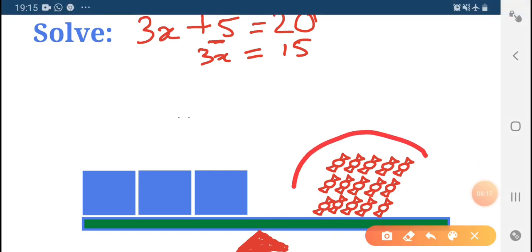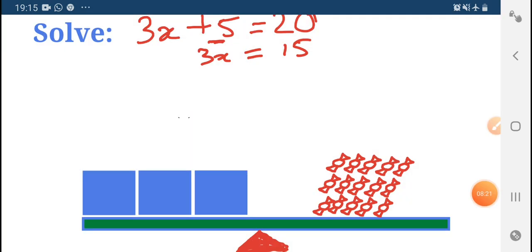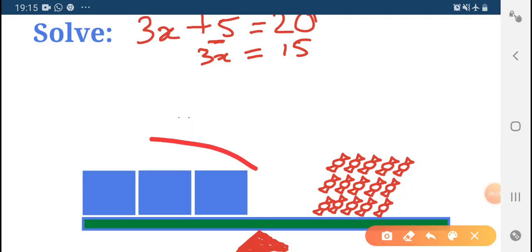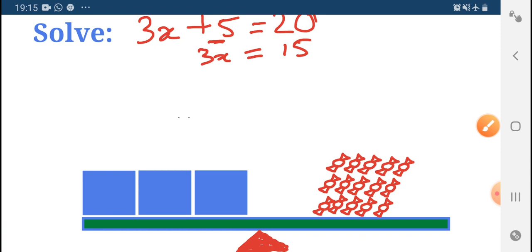So now I've got 15 sweets on the right, and I have 3 lots of unknowns, or 3 lots of x, on the left hand side. To find out how much is in one box, I have to divide the number of boxes on the left hand side by 3, and so if I divide the left hand side by 3, I have to divide the right hand side by 3.